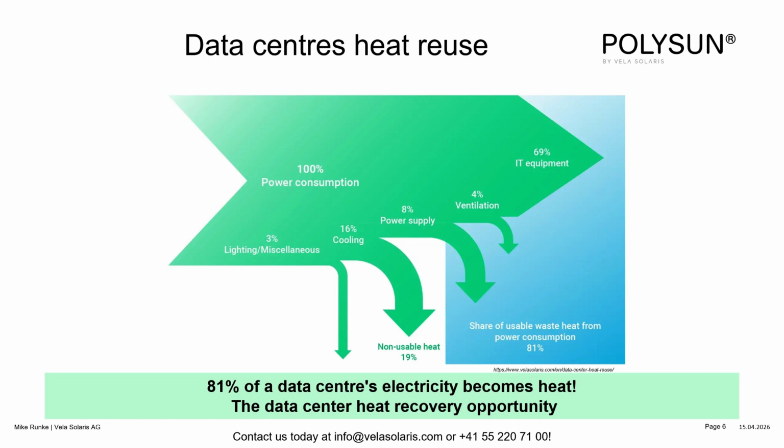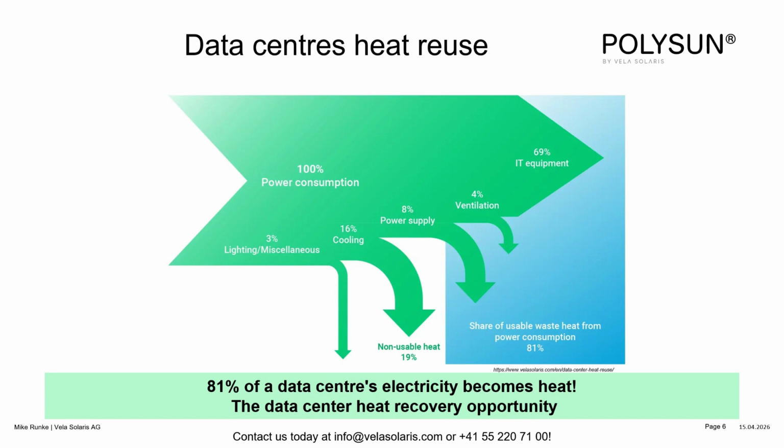Okay, so let's take a look at where the electricity in data centers is actually going. The largest proportion, around 69%, goes to the IT equipment, meaning the servers themselves. 16% is used for cooling, 8% for the power supply, and the rest for ventilation and lighting.